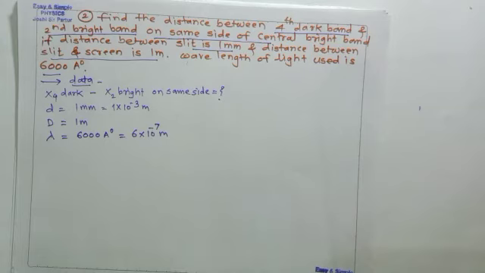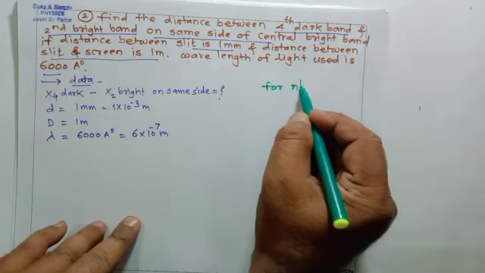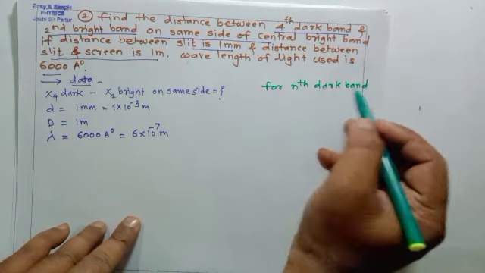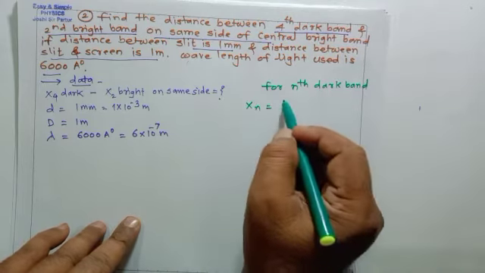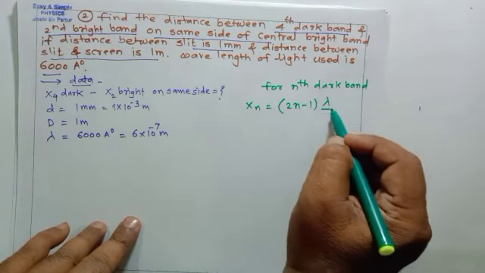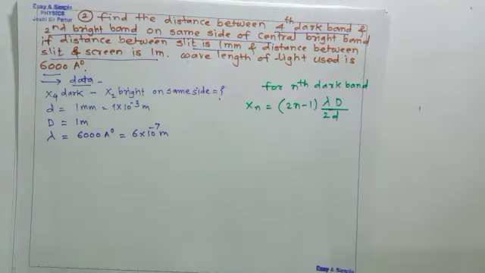In this case, for nth dark band, xn is equal to, in bracket, 2n minus 1 lambda upon 2 capital D upon small d.